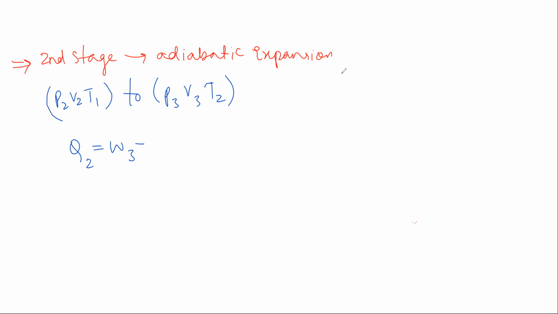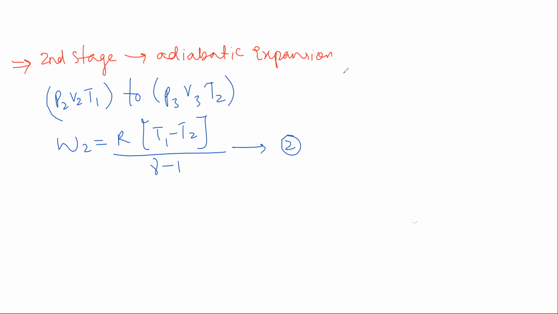Therefore the work done by the gas is given by the formula, mathematically, W2 is equal to R times (T1 minus T2) divided by (gamma minus 1). Let us call this equation 2.